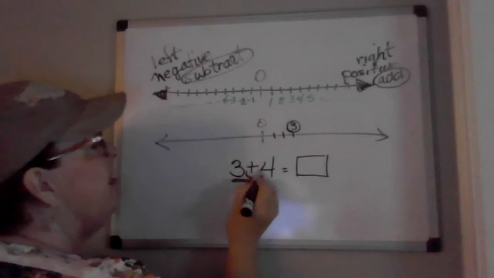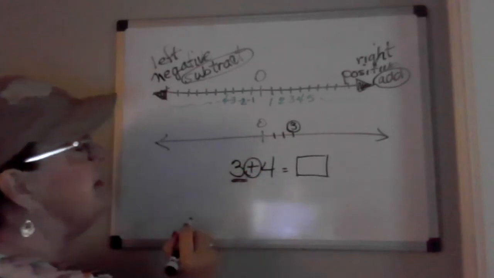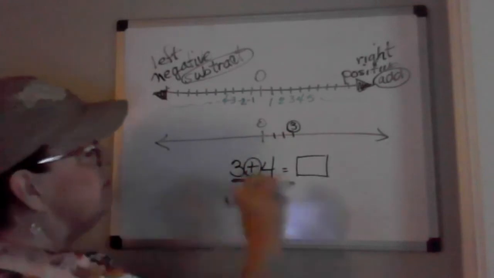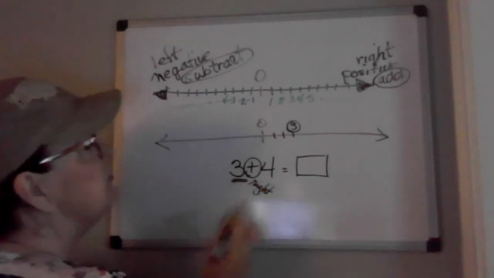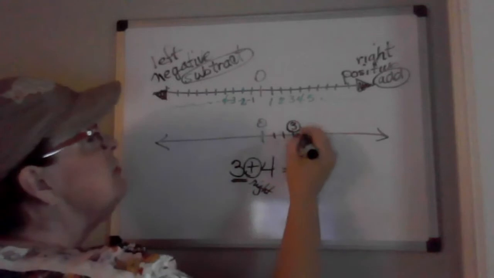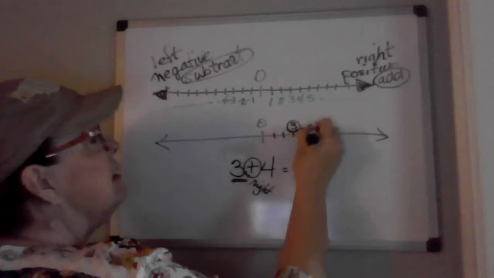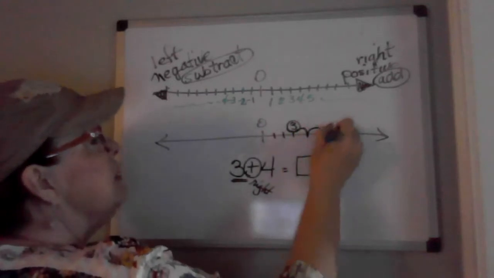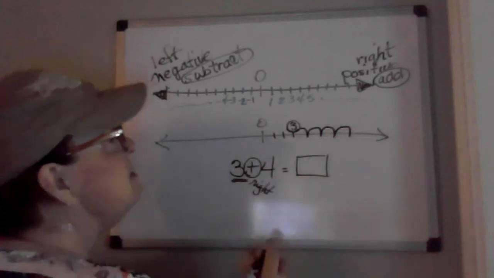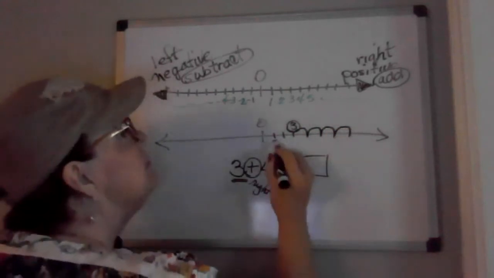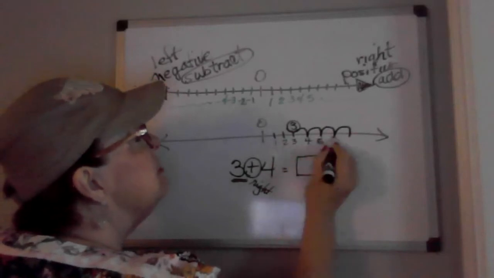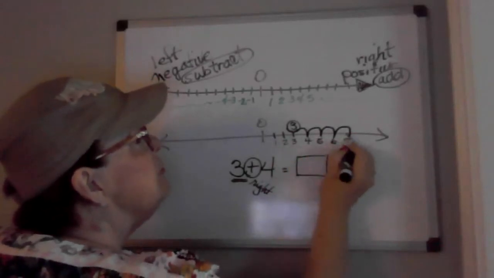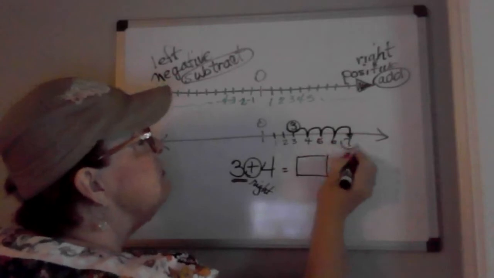Now the add tells me that I'm going to go in a positive direction. So I'm going to move to the right 4 places. So I'm going to go 1, 2, 3, 4. Now the place that I end up, this was 5, 6, 7. The place that I end up is going to be the answer.